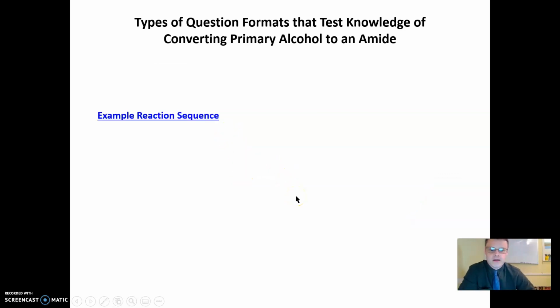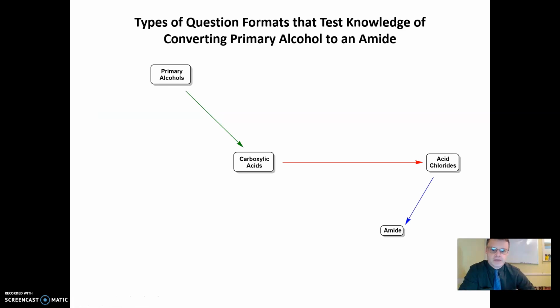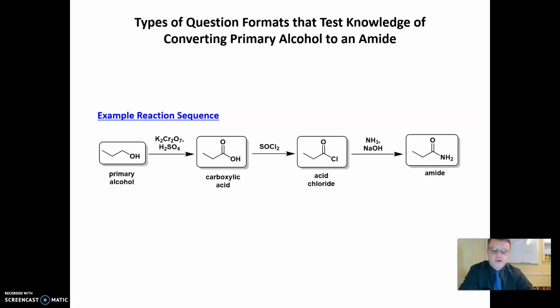Okay, so let's take an actual example, using this route. Now we're going to need to determine what our primary alcohol looks like. I've chosen something fairly simple here, 1-propanol. To get to the carboxylic acid, we need to use stronger oxidizing conditions such as potassium chromate and sulfuric acid.